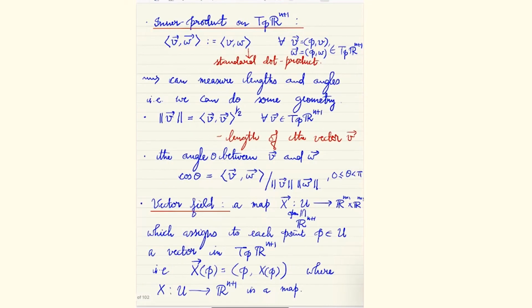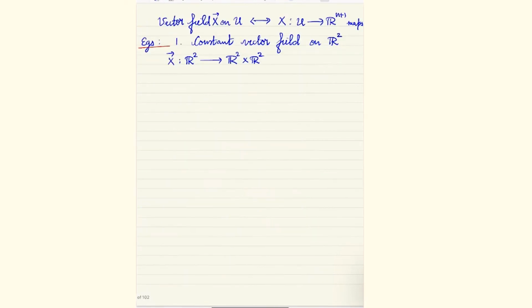Recall that a vector field on an open subset U of R^(n+1) was a map from U to R^(n+1) times R^(n+1). Here n is 1, so you have a map from R^2 to R^2 times R^2. How is it defined? P goes to P and any fixed point that you can think of in R^2, so this is a vector, for every P in R^2.